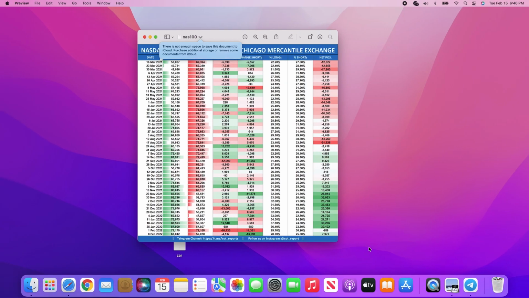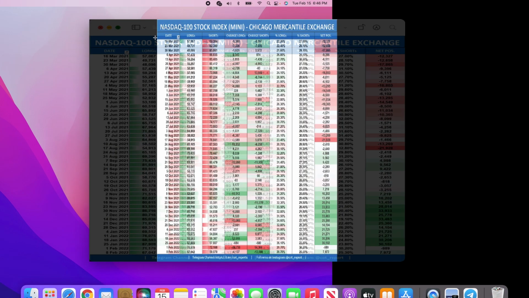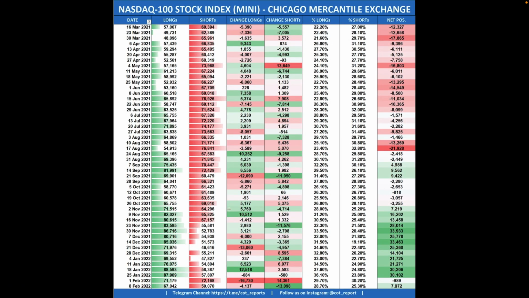So the next thing that we are going to look at is the COT data, the commitment of traders, and this tells us what the big banks and hedge funds are doing in the market. Now we can see here, based off last week's report, how hedge funds came in and closed minus 4,137 longs. They also closed minus 13,098 short positions.